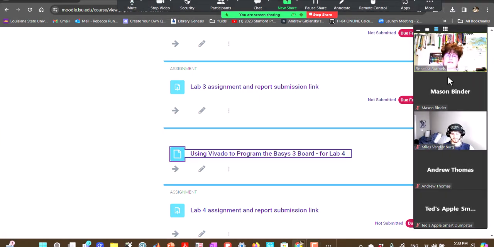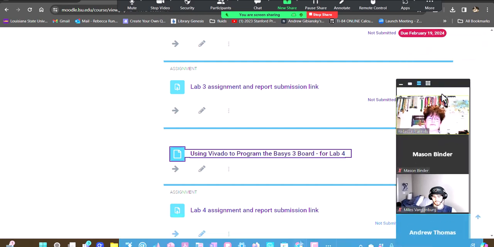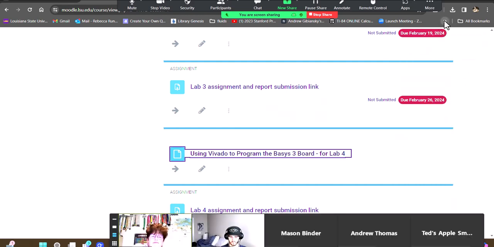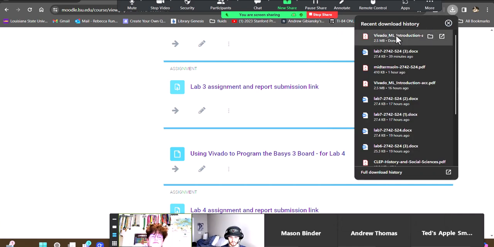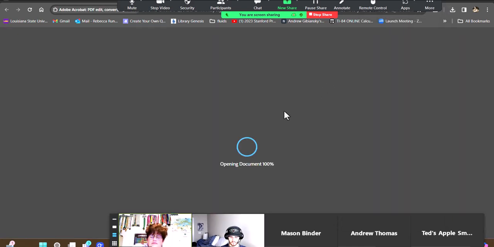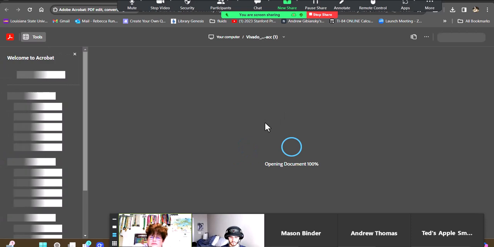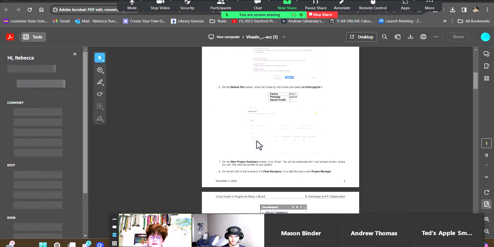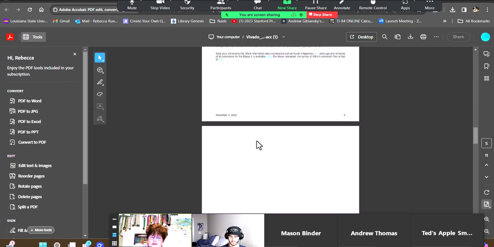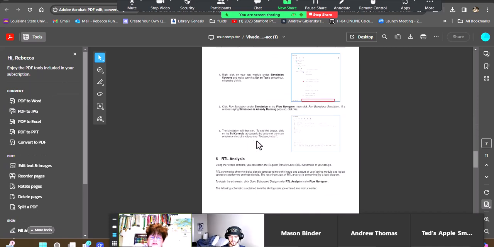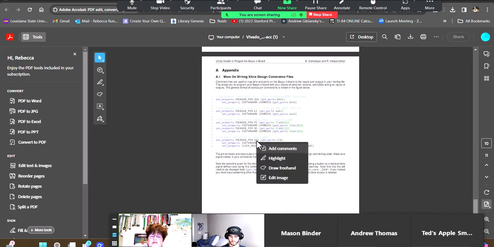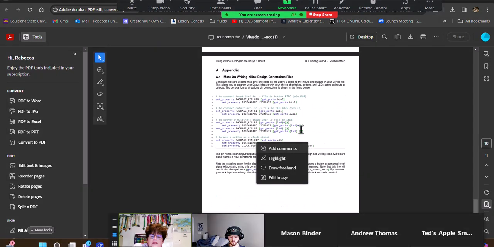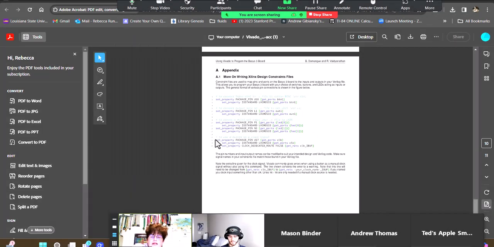And then if you go to Appendix A, it says to use a button as a clock signal.